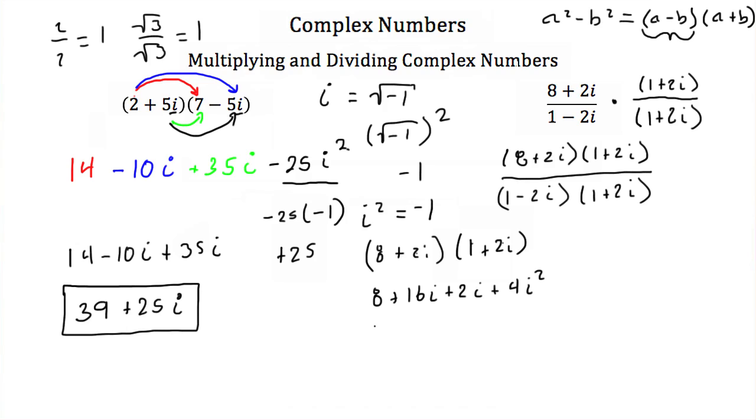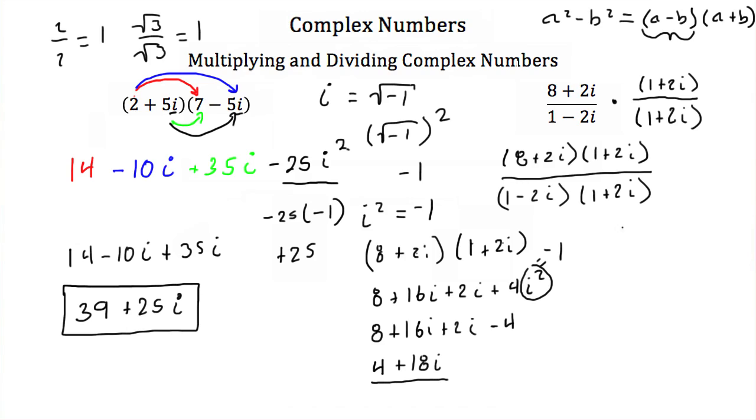So this is 8 plus 16i plus 2i minus 4, because i squared is just equal to negative 1. And if I simplify this, 8 minus 4 is 4. 16i plus 2i is 18i. So this is my numerator.